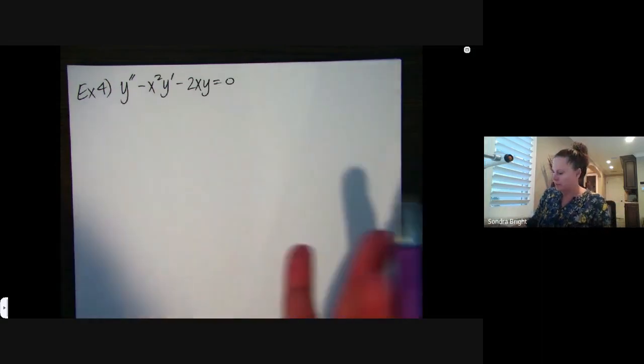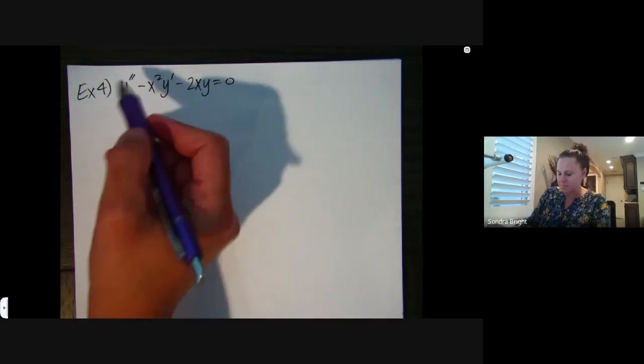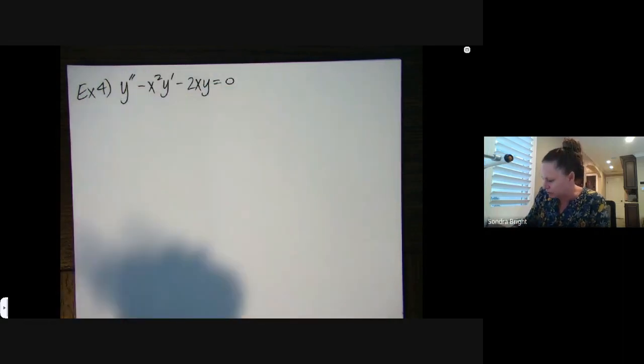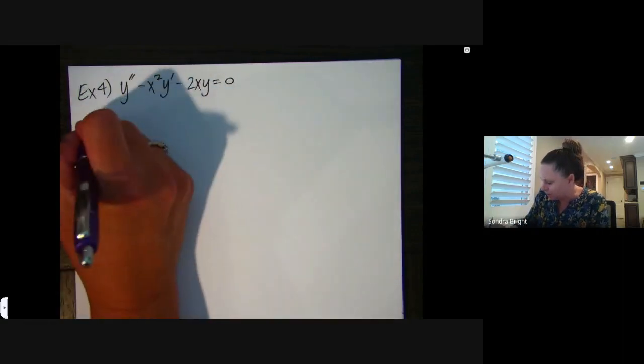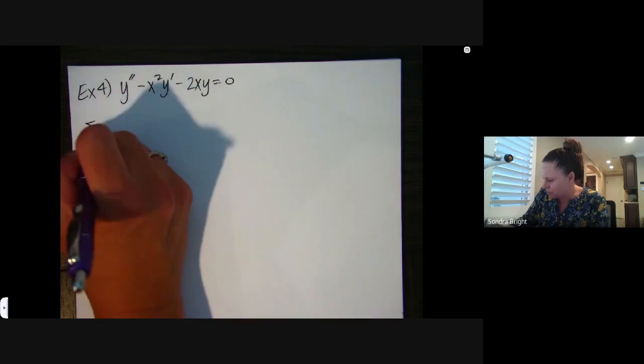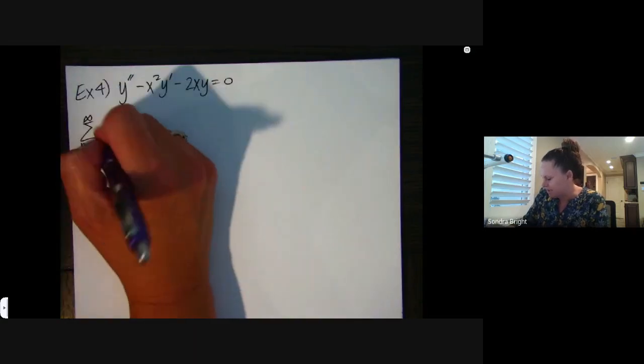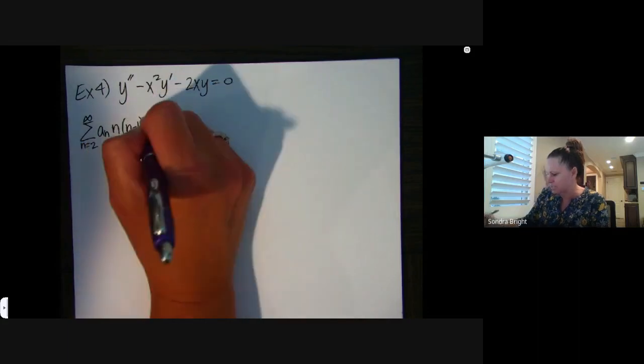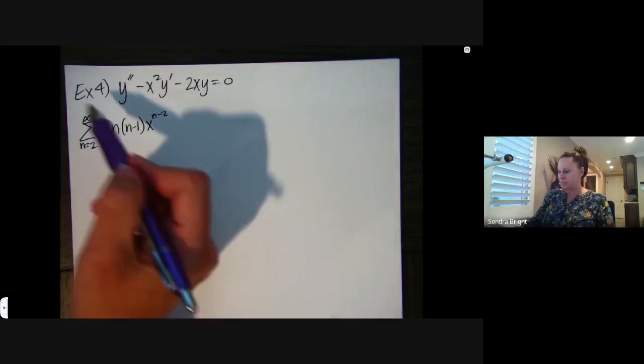All right, I'm going to replace these with the power series. Y prime, I'm not going to write it again, look back at it. We're going to go from n equals 2 to infinity of a sub n times n times n minus 1 times x to the n minus 2. That's y double prime.